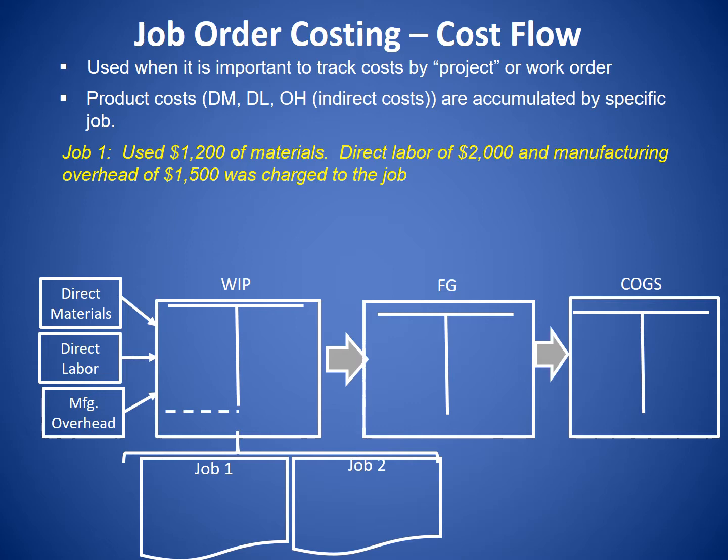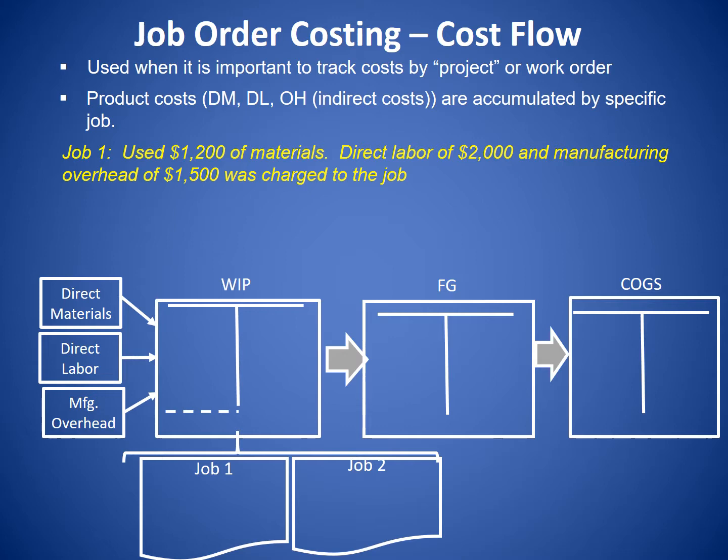So in this case, this can be any type of job, individual jobs, you can call them widgets or whatever, but let's assume that we have job one, and job one used $1,200 worth of materials. Direct labor used $2,000, and we had manufacturing overhead of $1,500, which was charged to the job. So again, we're going to take a look at inputs: direct materials, direct labor, and manufacturing overhead.